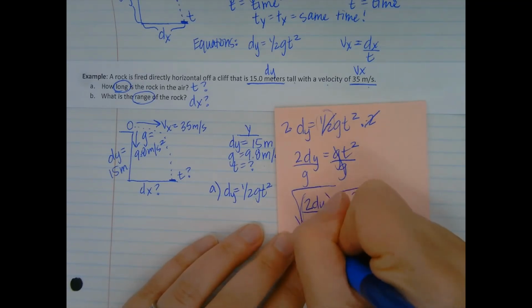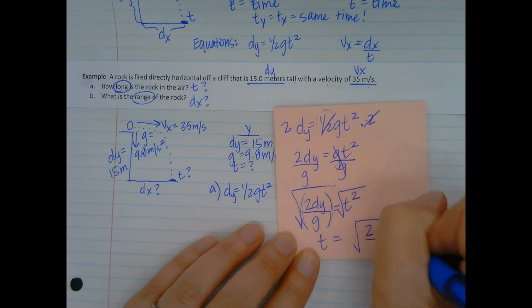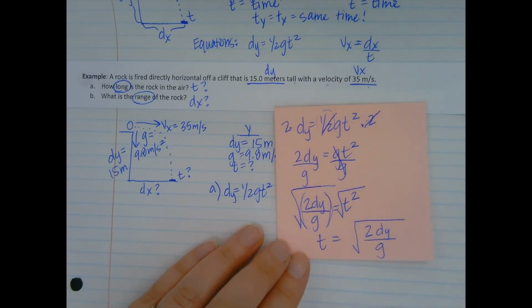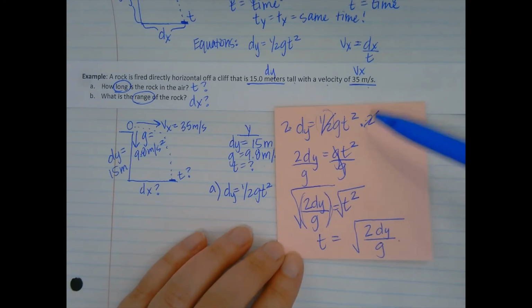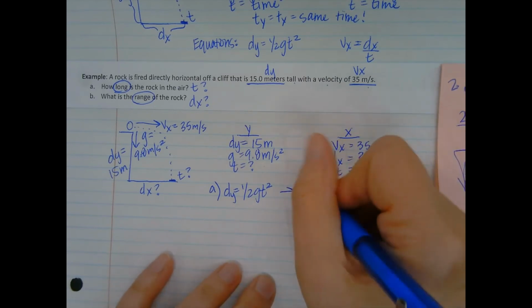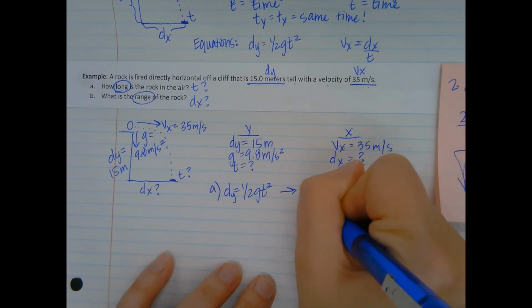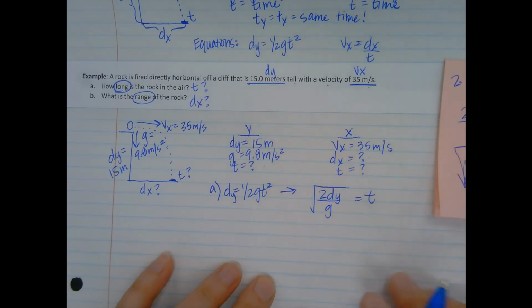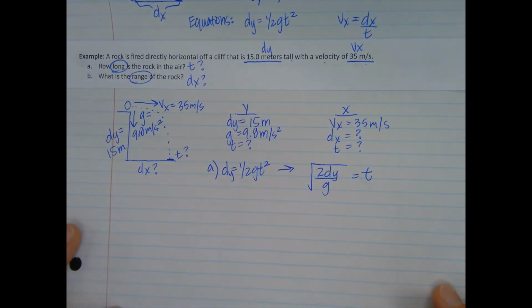So then t equals the square root of 2 dy divided by g. And this is what we're going to use to plug our stuff in. So all we did was rearrange this equation to solve for t. Okay? So if I rewrite this, so it's the equation I need, the square root of 2 dy divided by g equals t. So now that I've rearranged it, I'm going to plug it in.